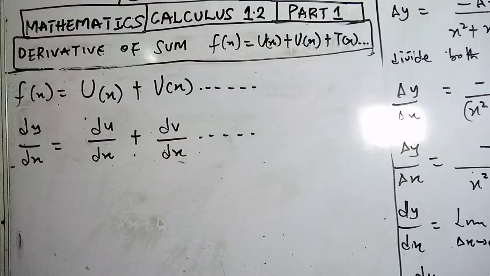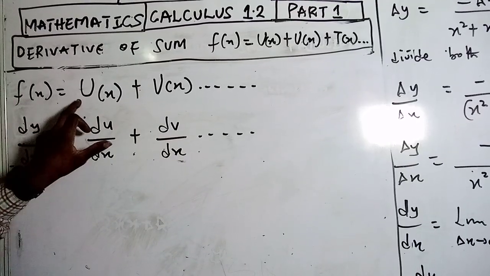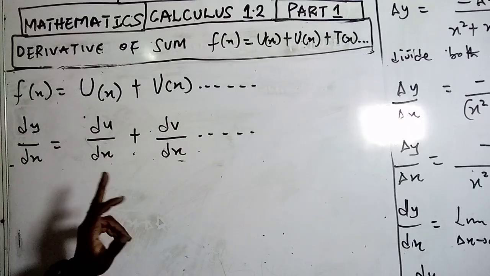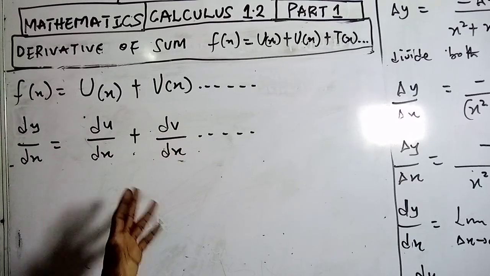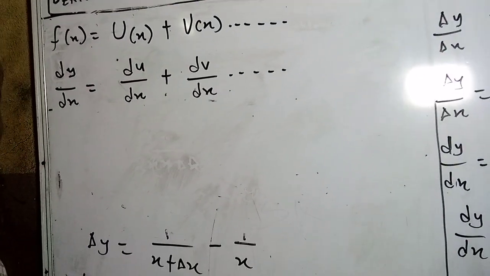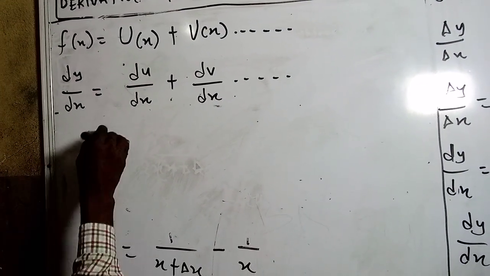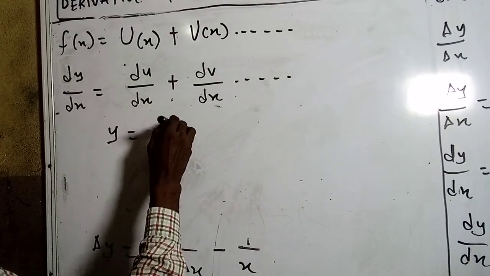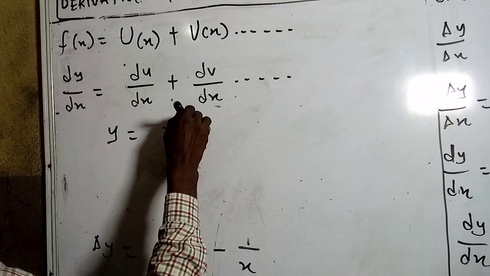If f of x is given as u of x plus v of x, your dy dx will be the first one differentiated normally, the second one differentiated normally. Now the expression we need to use here is that, let's say you are given y equals x raised to the power n.